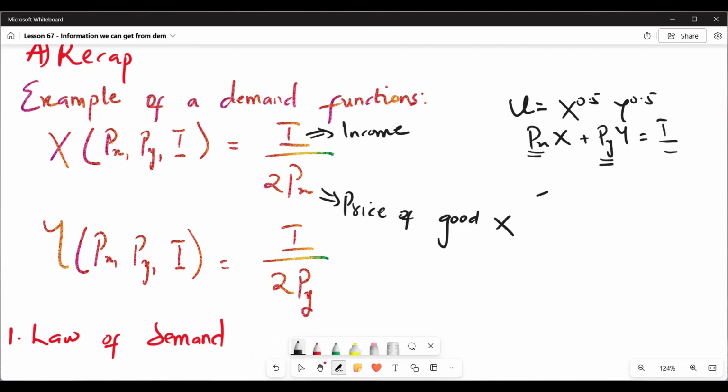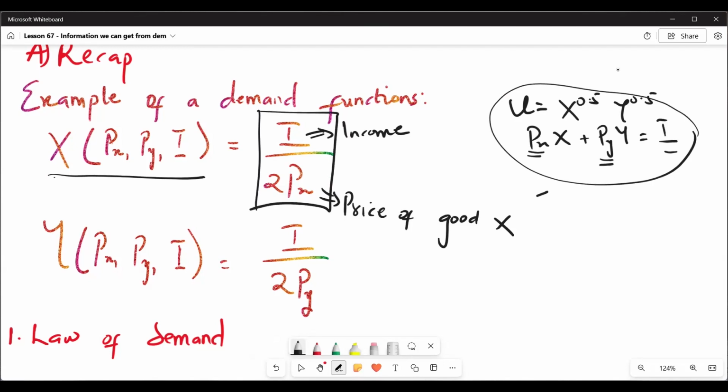Now, when we maximize this utility subject to the budget constraint, we arrived at the demand function for good x as I divided by 2px and for y as I divided by 2py. Now, what information can we get from this demand function?